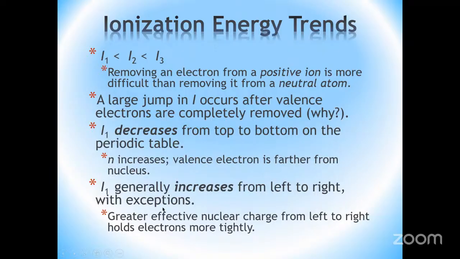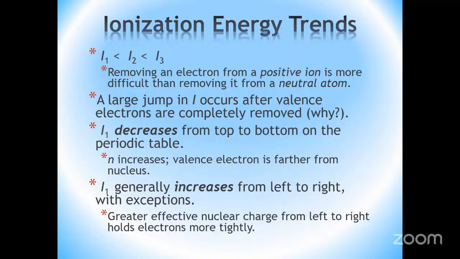Now, what happens when you go across a period from left to right? Generally speaking, what you'll find is that the first ionization energy will increase as you go from left to right, but there are certain exceptions, and we're going to point out those exceptions shortly. But generally, there's an increase in the ionization energy as you go from left to right.